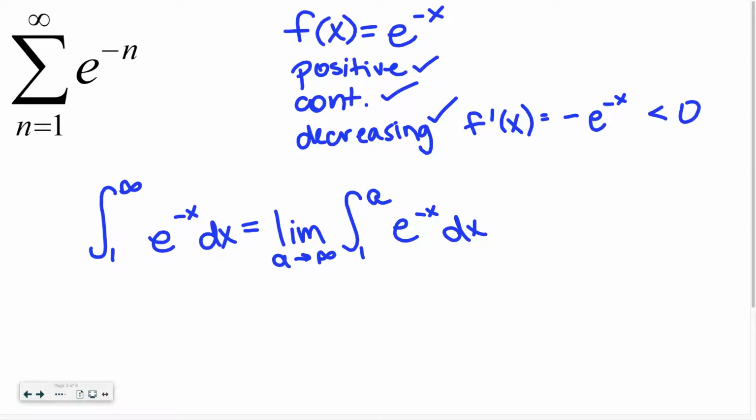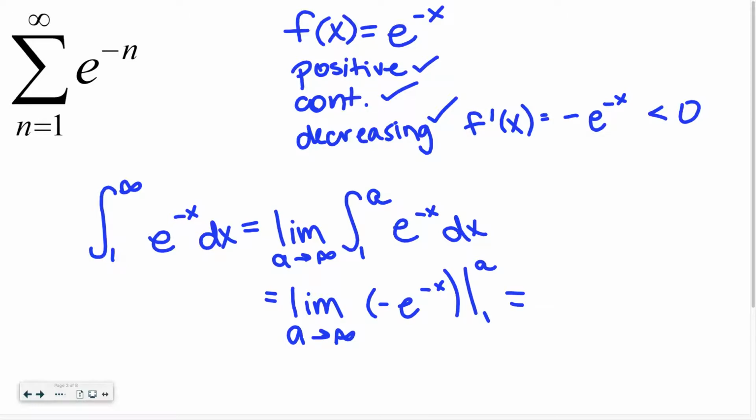Then we can take the antiderivative. So we have the limit as a approaches infinity of negative e to the negative a minus negative e to the negative 1.